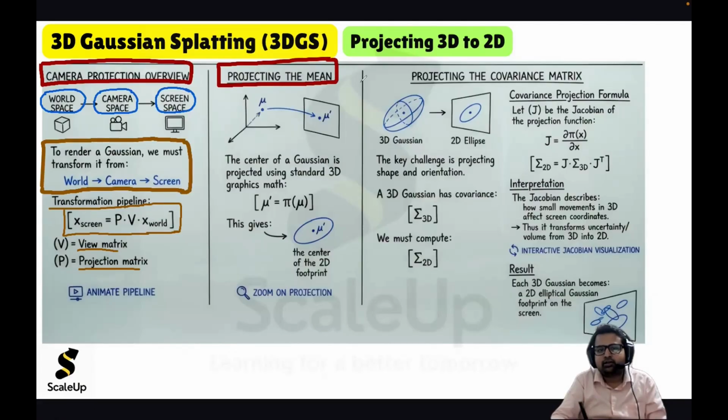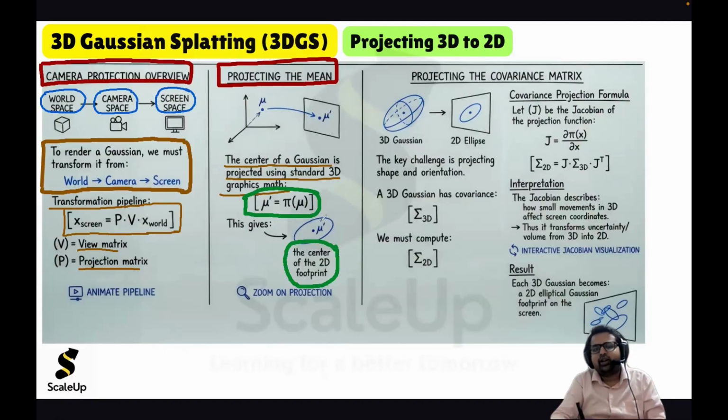The center of a Gaussian is projected using standard 3D graphics math like this, wherein phi is a projection function which takes the center in 3D space and gives us the center in 2D space, mu dash. So mu dash is the center of the 2D footprint. It is a very straightforward transformation.